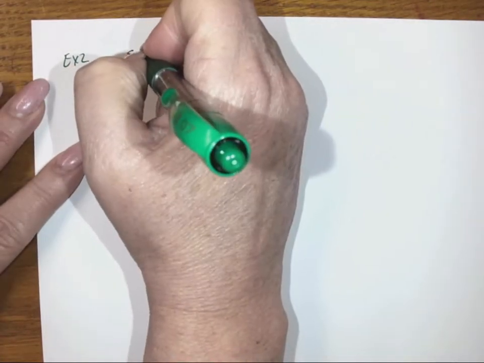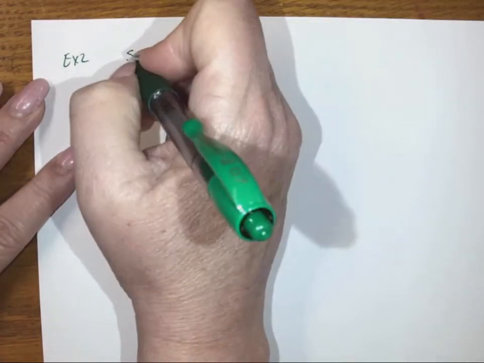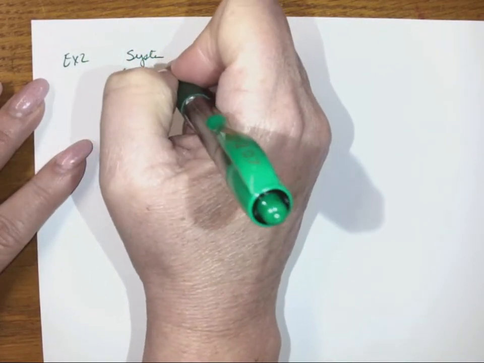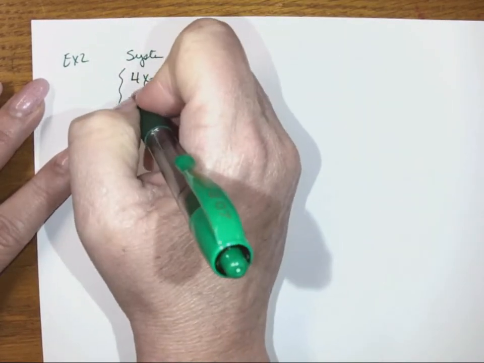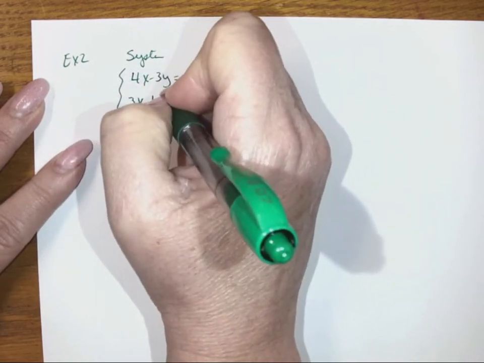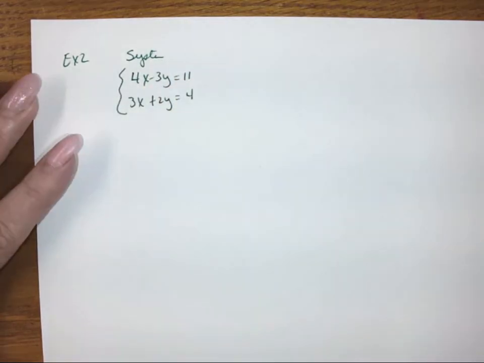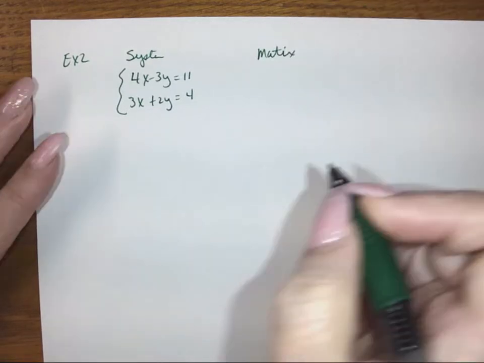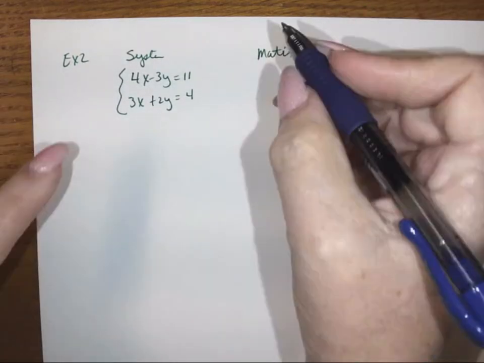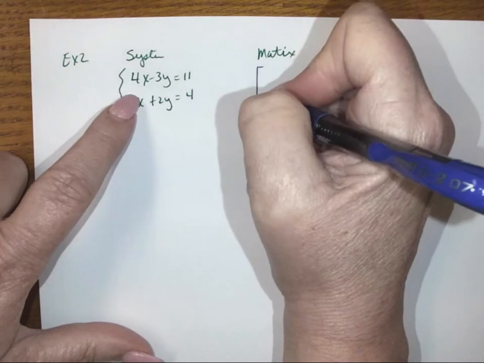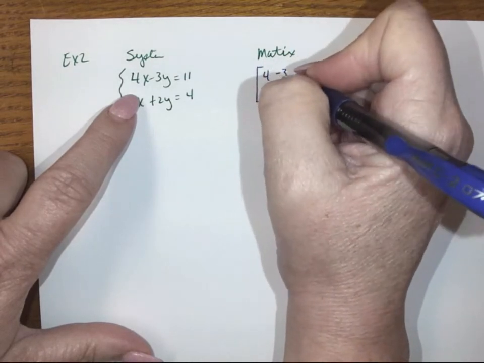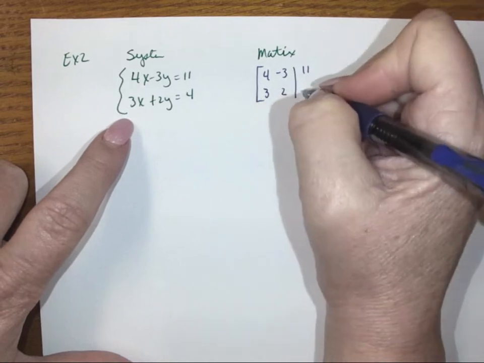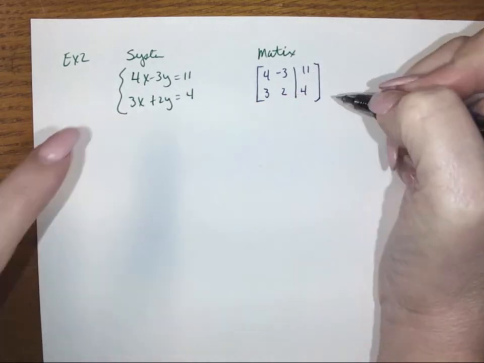We've got our system, and our system is going to be 4x minus 3y equals 11, and 3x plus 2y equals 4. And let's write our matrix. So the matrix is going to be 4, -3, 11, 3, 2, and 4.